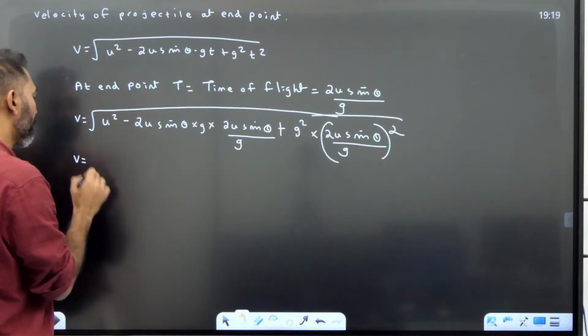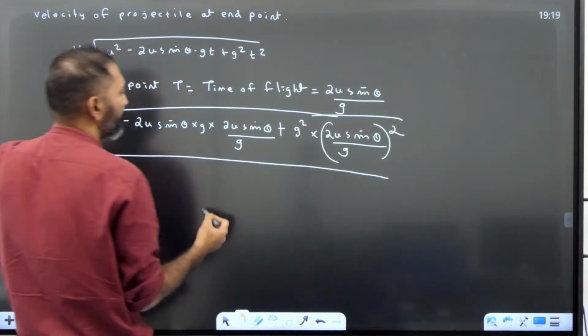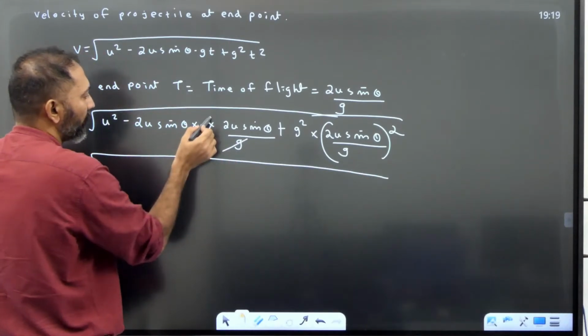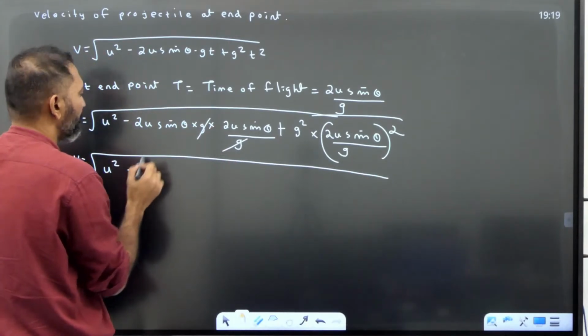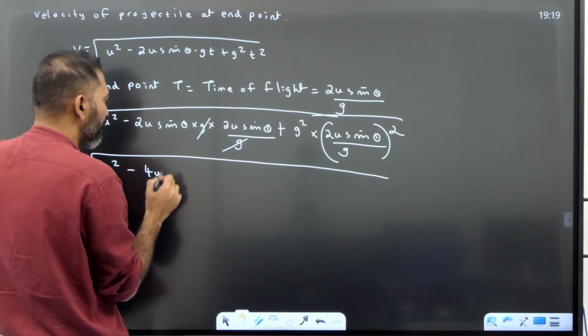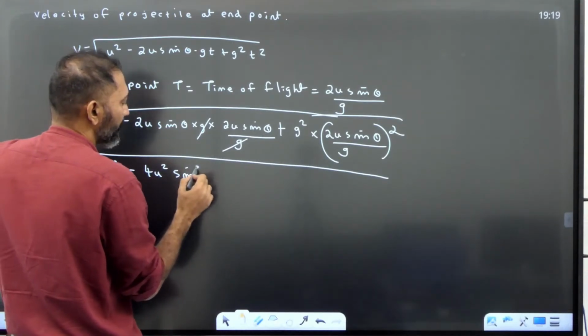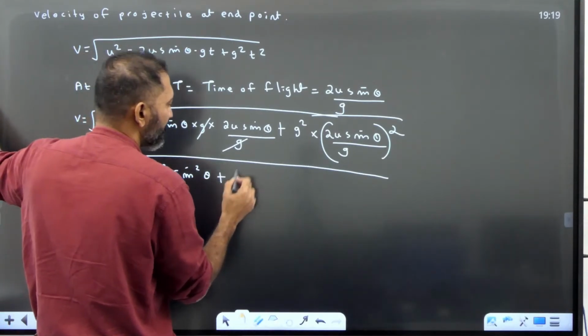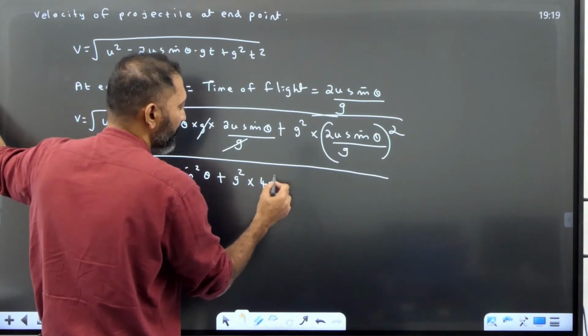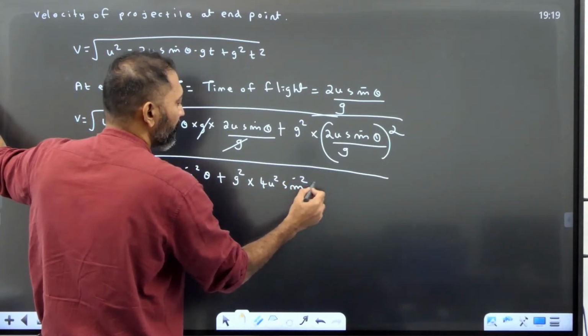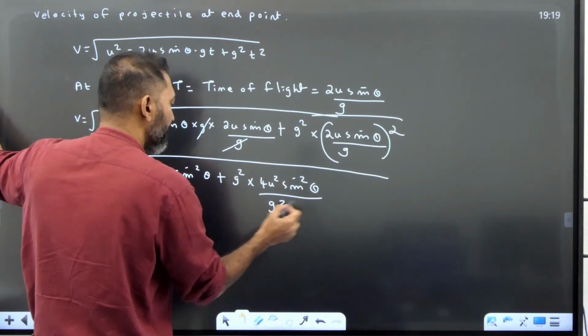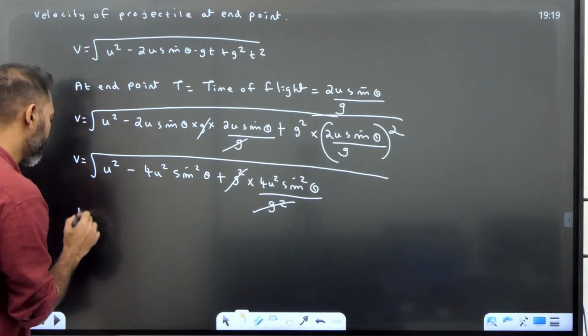So v is equal to root of u square minus 2u into 2u sin square theta, that is 4u square sin square theta, plus g square into 4u square sin square theta by g square. So g square gone. So v is equal to what?